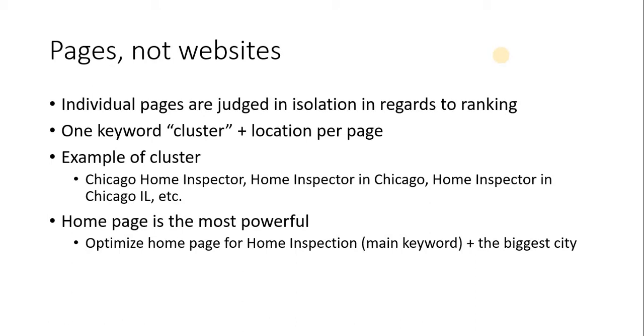pages for keywords, right? So what that basically means is you don't want to optimize your entire website for the same keywords. That's actually a detriment to your successful SEO.